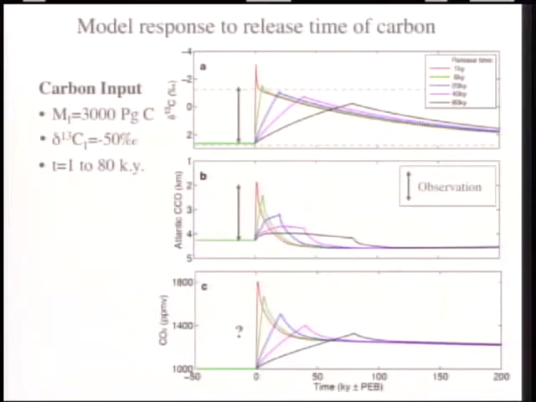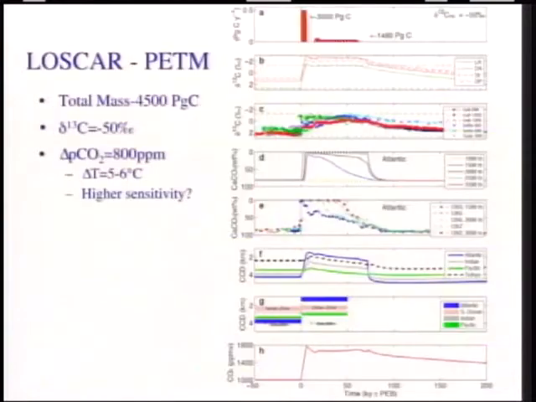Another important aspect of this, of course, is the change in pCO2. So this is the simulation where we think we have the best fit: 4,500 gigatons, delta C13 of minus 50. The pCO2 change that we get with this is only 800 ppm, which is a problem because the global warming that we see is on the order of about 6 degrees centigrade.